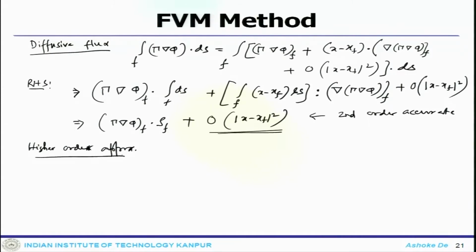So, if you want to do that, you can get this integration of phi ds with some sort of a weighting function like this.